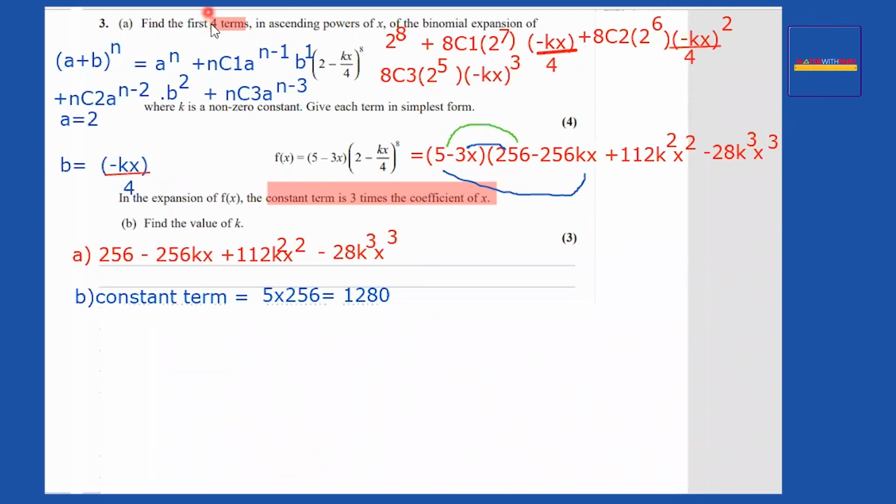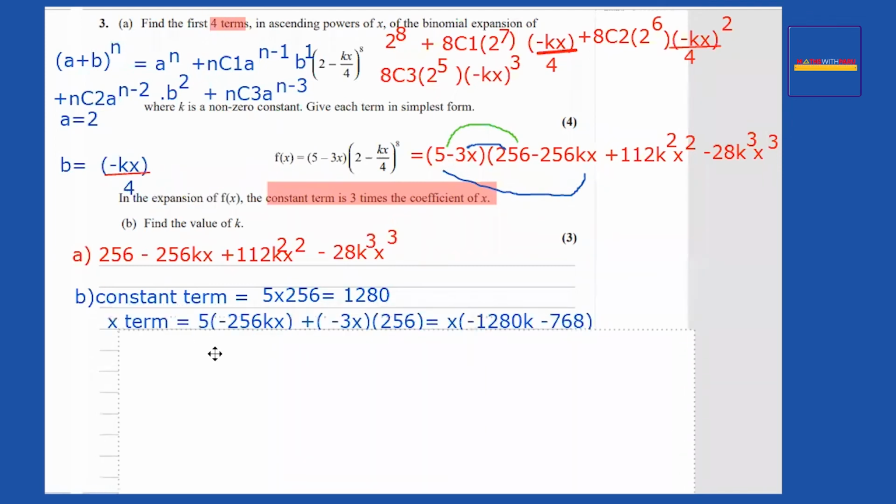So now what do we have? We have the x term, which is 5 into minus 256kx and minus 3x into 256. If I take out the x, I end up with minus 1280k minus 768. And I have been given some information that the constant term is 3 times the coefficient of x.